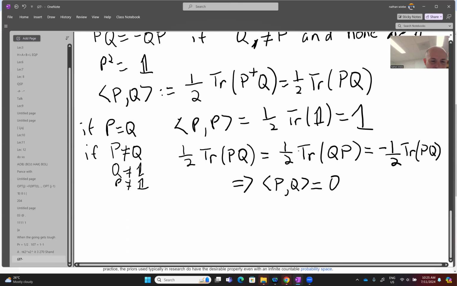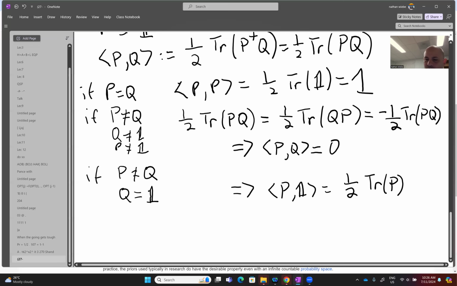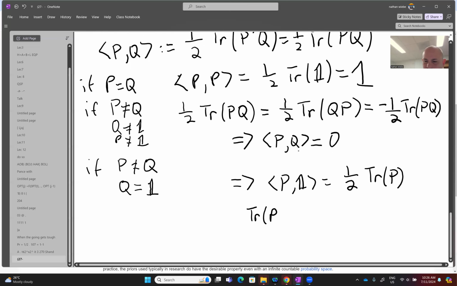Now, let's assume that we're dealing with P not equal to Q and Q equals identity. In this case, we end up getting that the inner product of P with identity is just equal to 1/2 trace of P. Now, Pauli operators have the property that trace of P is not equal to 0 if and only if P is the identity.